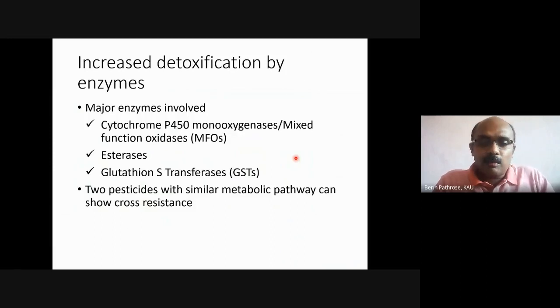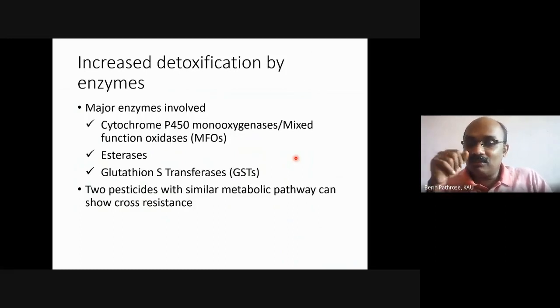These are enzymes which detoxify any toxin, any plant toxin. Take the case of any insect. You might have seen insects which are feeding on neem, insects which are feeding on tobacco, Spodoptera litura. We call it the tobacco caterpillar because it has the ability to feed on tobacco.